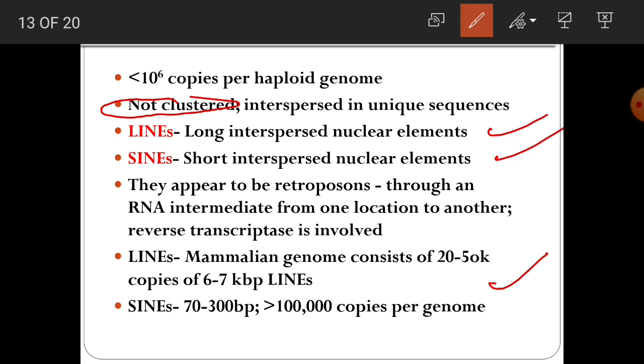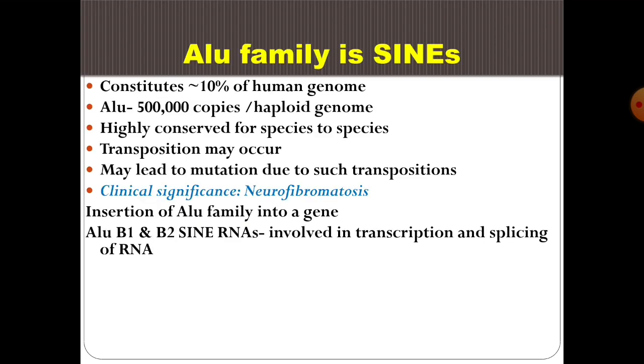Under these SINEs, there is a family of genes, that is the ALU family. They constitute almost 10% of the human genome. Though it is a SINE, almost 5 lakh copies per haploid genome are found, and it is highly conserved from species to species.